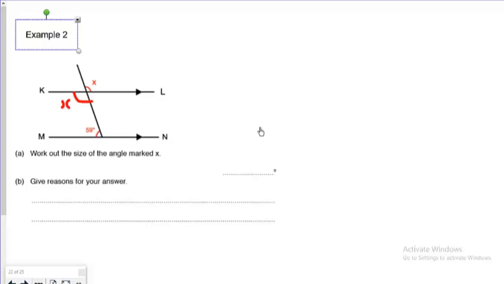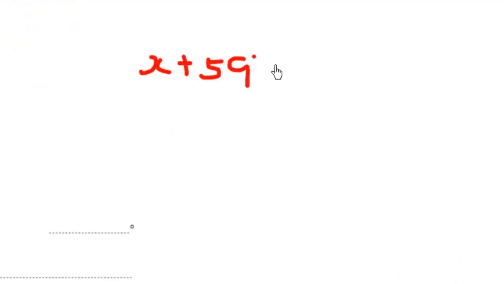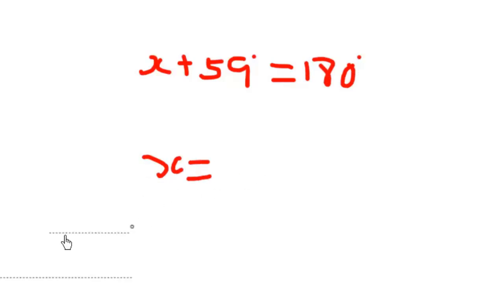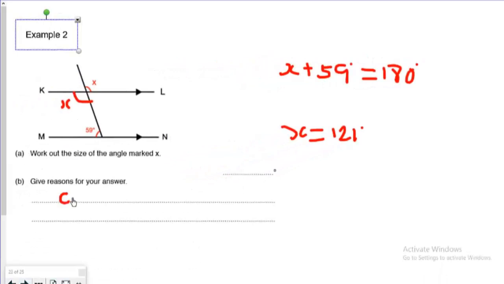So if you do that, you get my x plus 59 degrees is equal to 180, and like we saw earlier on, x will be equal to 121 degrees. Then the reason is that they are co-interior angles.